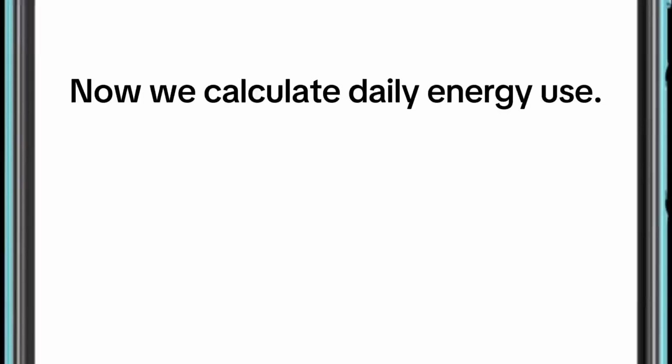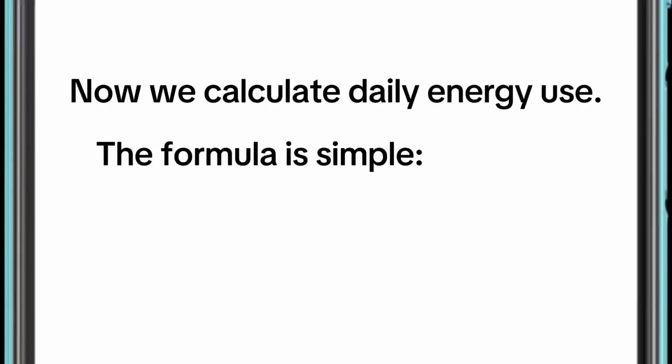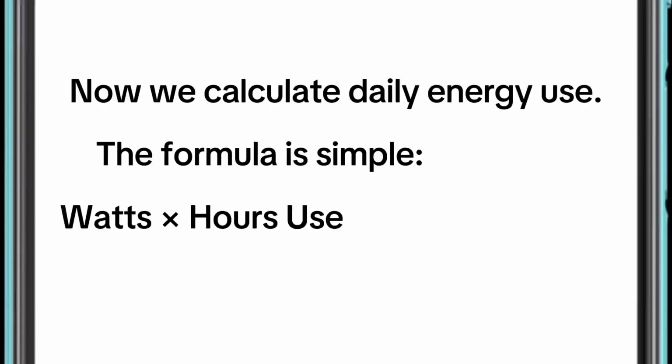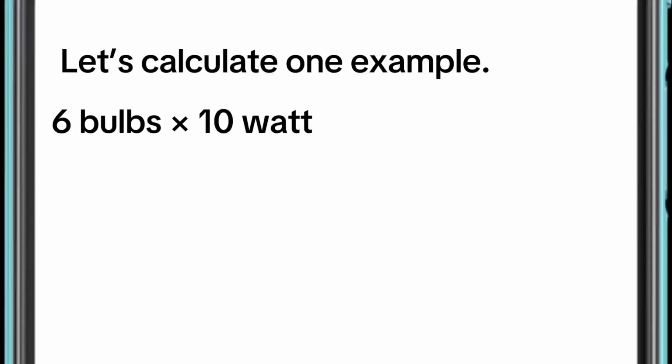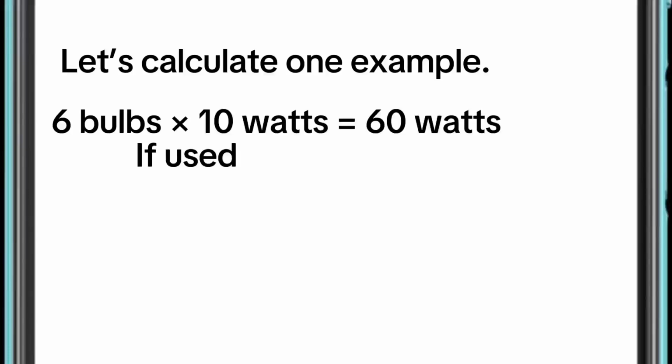Now we calculate daily energy use. The formula is simple. Watt times hours used divided by 1000 equals kilowatt hours. Let's calculate one example. 6 bulbs times 10 watts equals 60 watts.